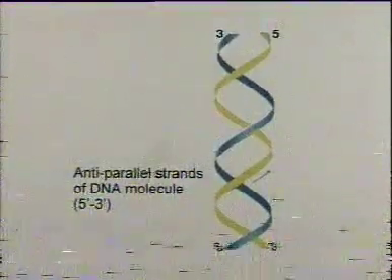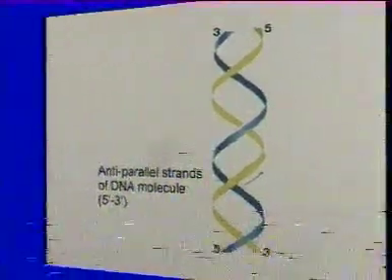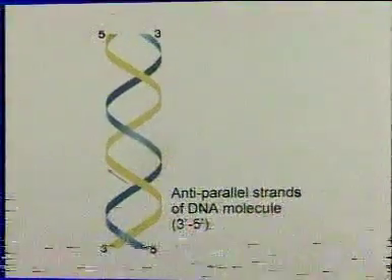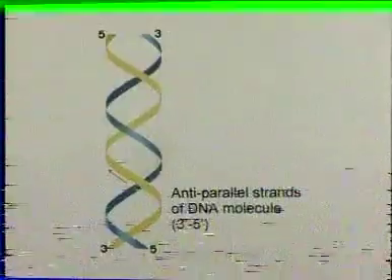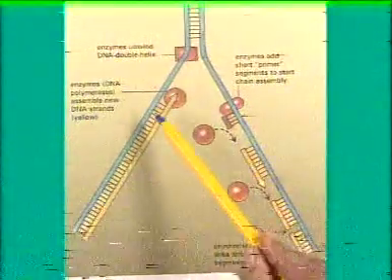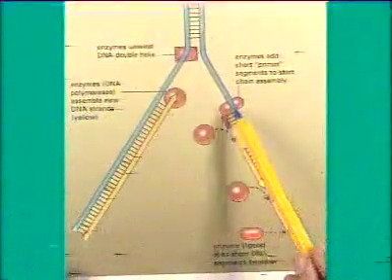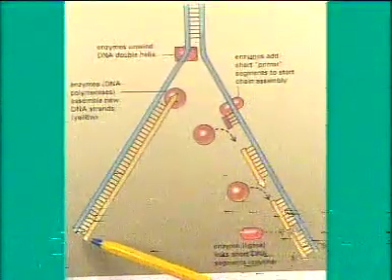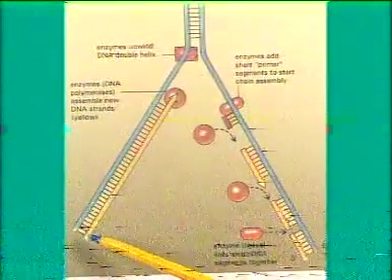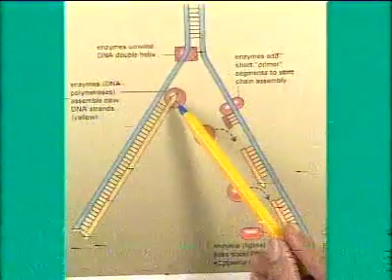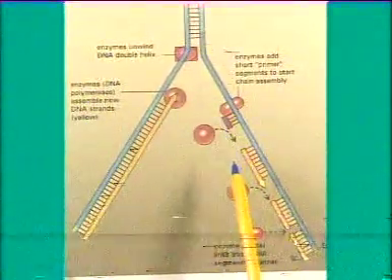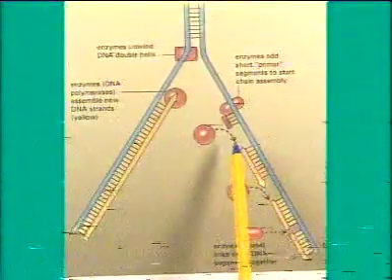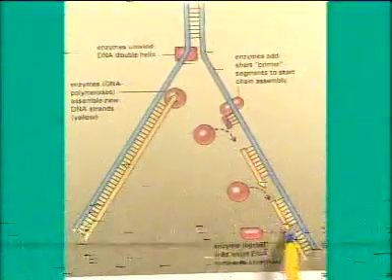The enzyme DNA polymerase adds nucleotides in only the 5' to 3' direction. As the DNA molecule has 2 antiparallel strands, the enzyme carries on continuous replication from the 3' to 5' end. But on the other strand, in other words, the 5' to 3' strand, the replication is discontinuous.